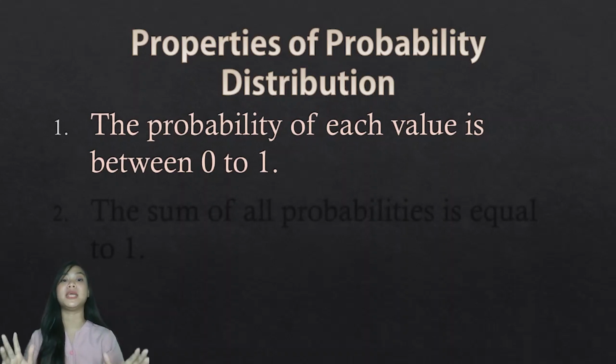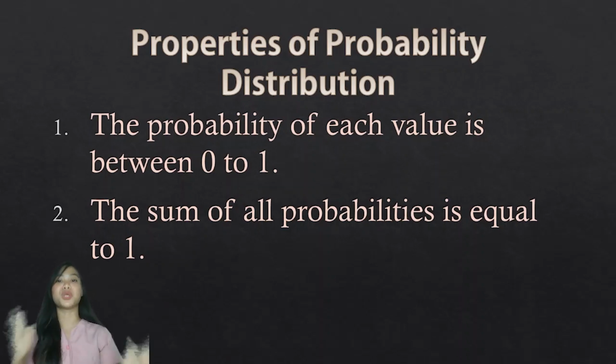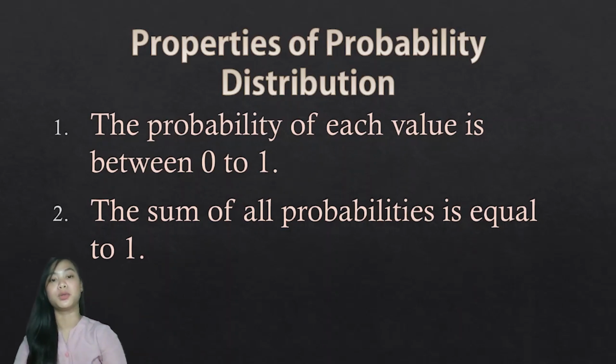Again, the probability will not exceed 1 or be below 0. The second: the sum of all the probabilities for that discrete random variable is always equal to 1. So it is not a probability distribution if your sum of probabilities is not equal to 1.